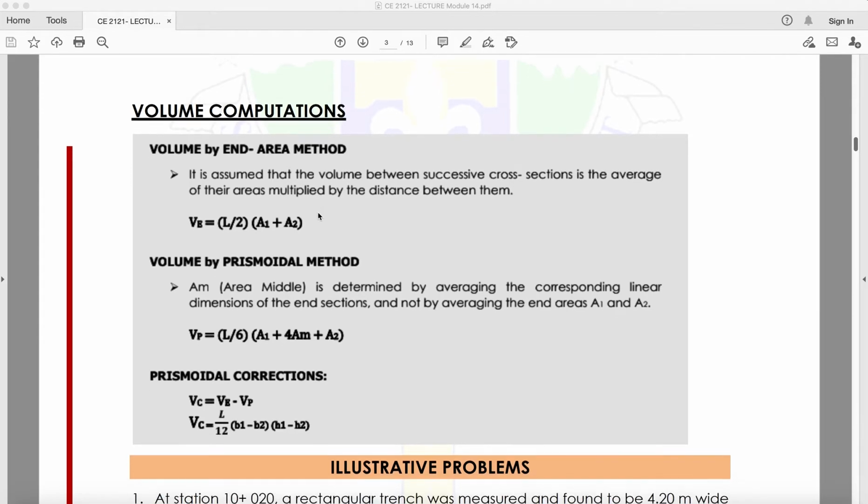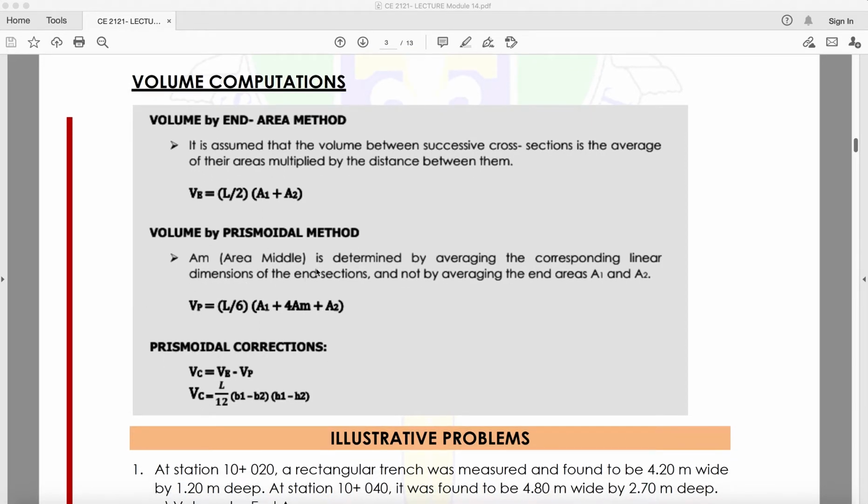Now for the prismoidal method, the area of the middle is determined by averaging the corresponding linear dimensions of the end sections, and not by averaging the end areas A1 and A2. We then use the formula: volume equals area 1 plus area 2 plus 4 times area middle, times L over 6.